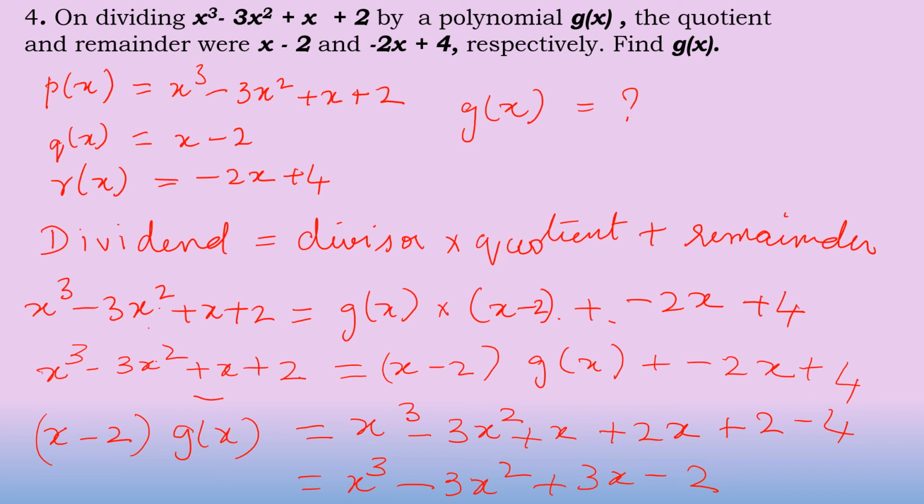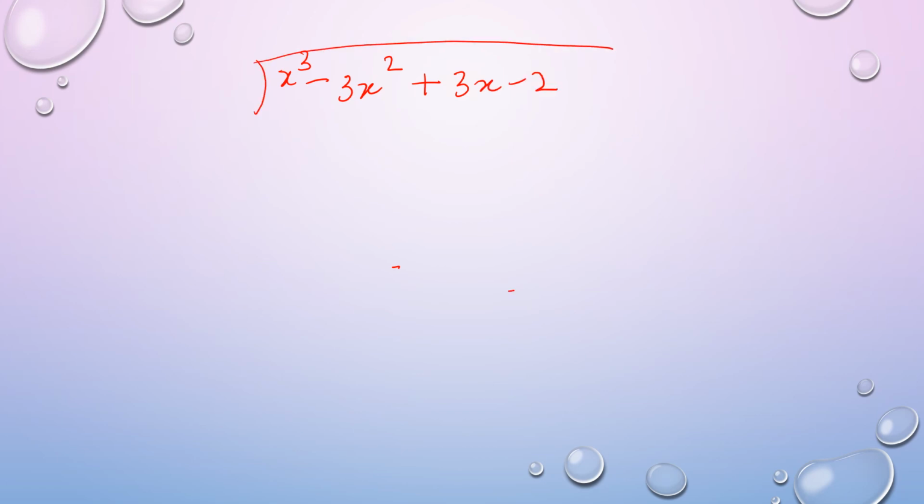Let us see what do we get when you divide the polynomial x cube minus 3x square plus 3x minus 2 by x minus 2. X cube divided by x is x square.